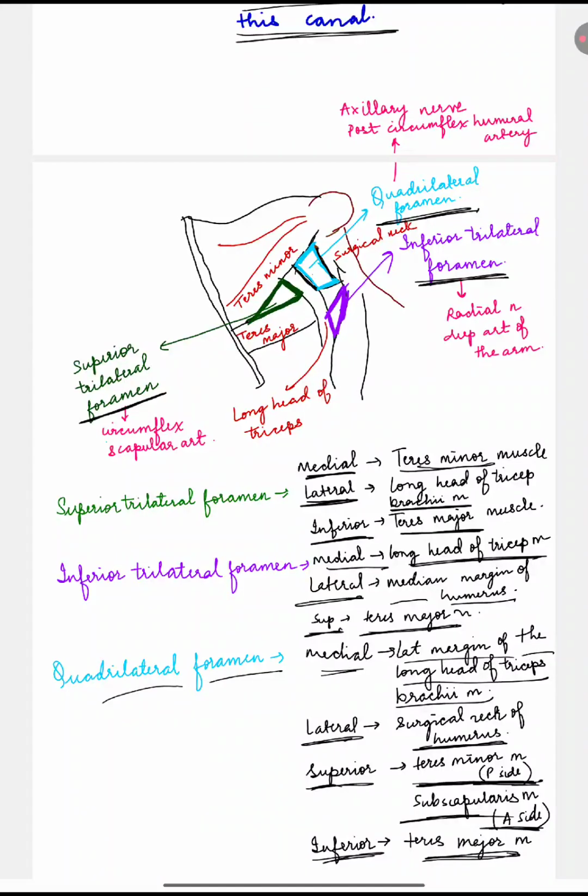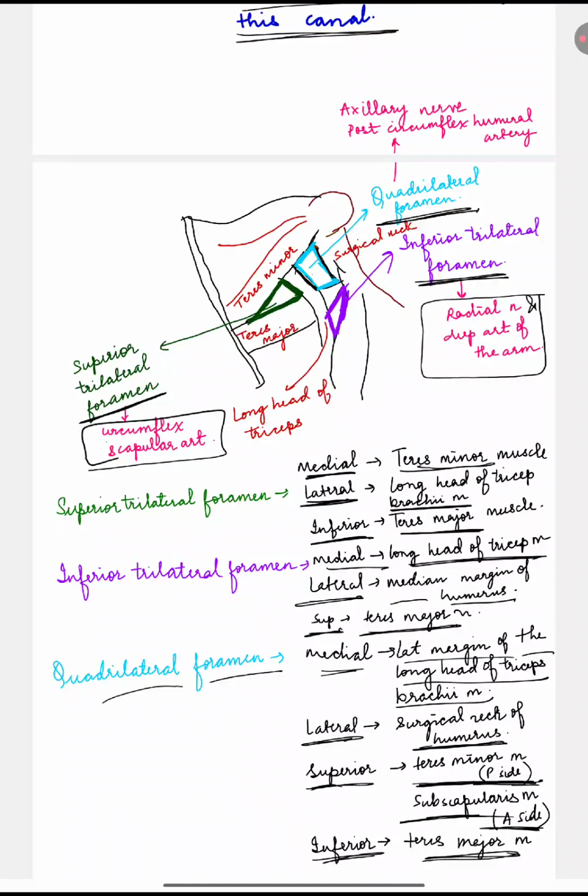Now, what are the contents of these three foramina? First one, superior trilateral foramen: the content is circumflex scapular artery. In inferior trilateral foramen, the content is radial nerve and deep artery of the arm.